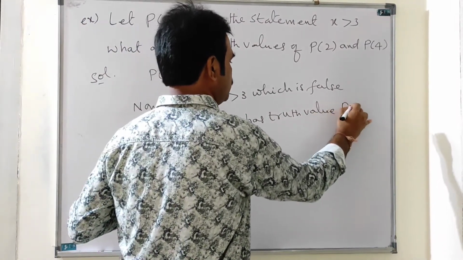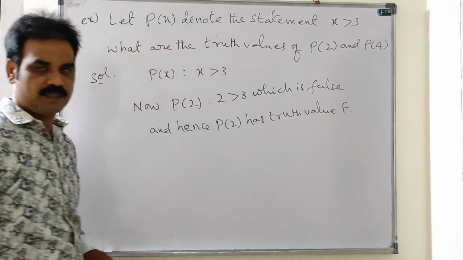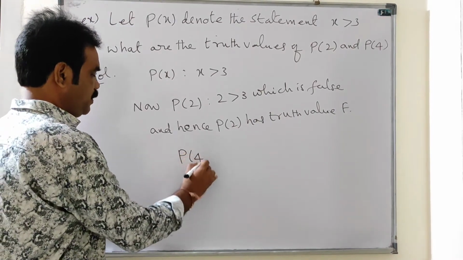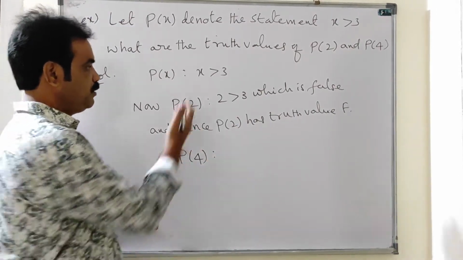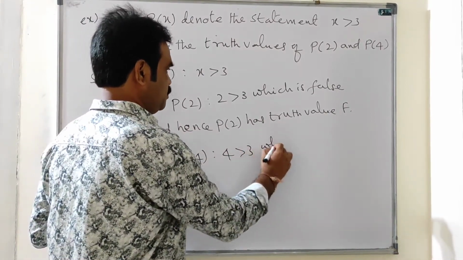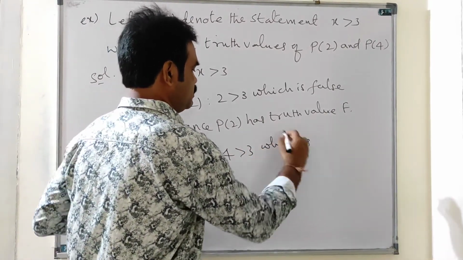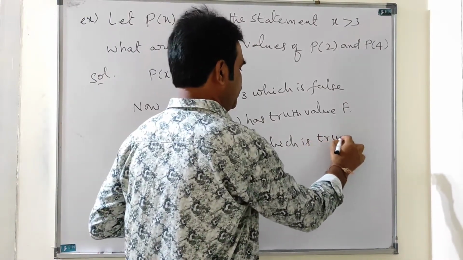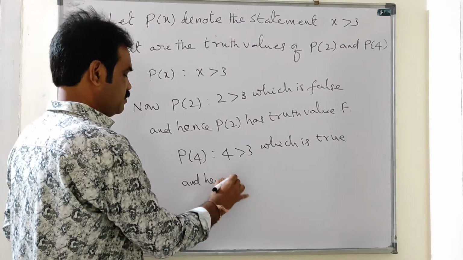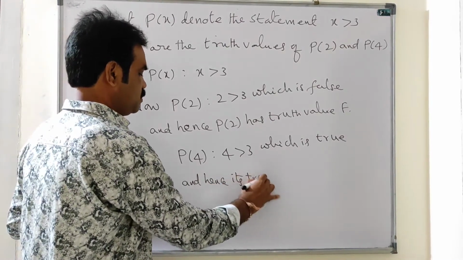Truth value F, since it is false. Now P of 4. P of 4 is the statement 4 greater than 3, which is true. And hence its truth value is T.